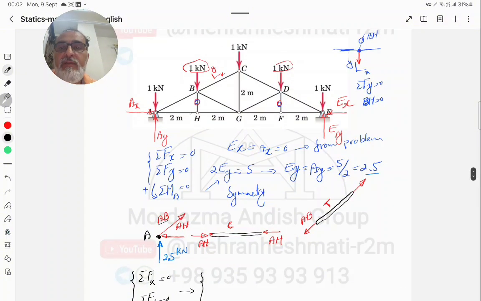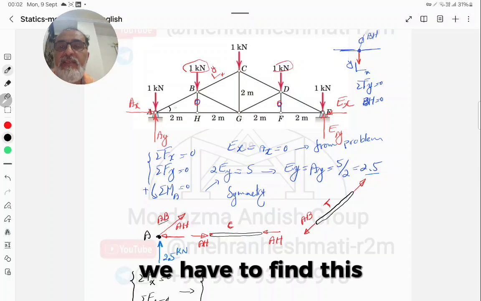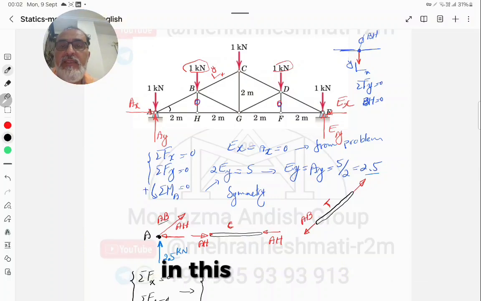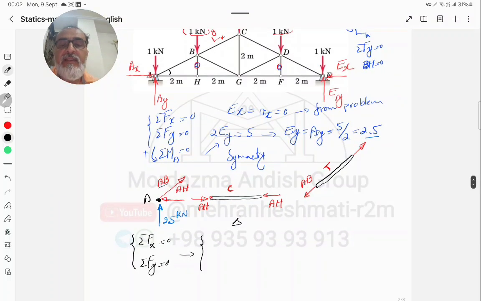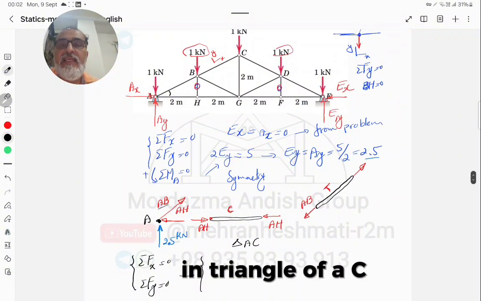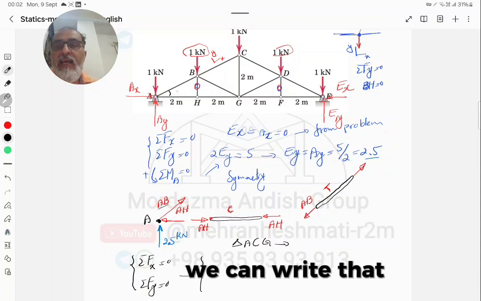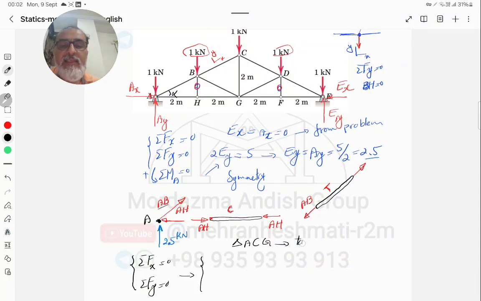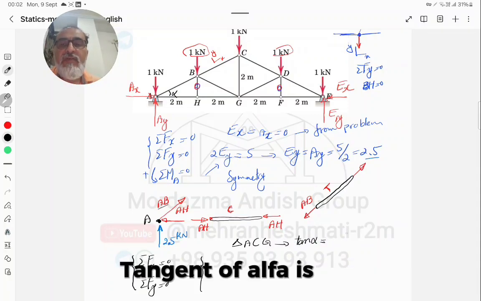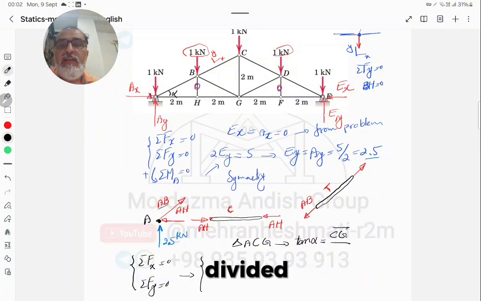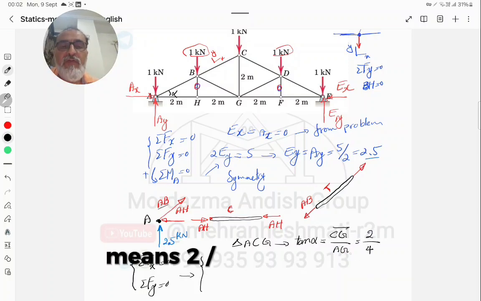And we have to find this angle. In triangle ACG, we can write that tangent of alpha is equal to CG divided by AG, meaning 2 divided by 4.